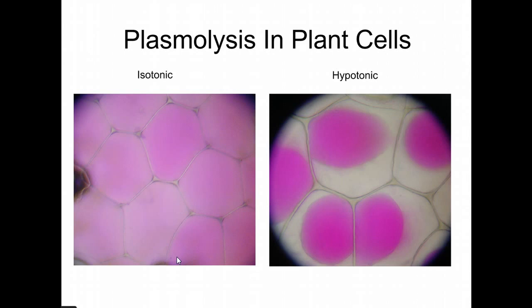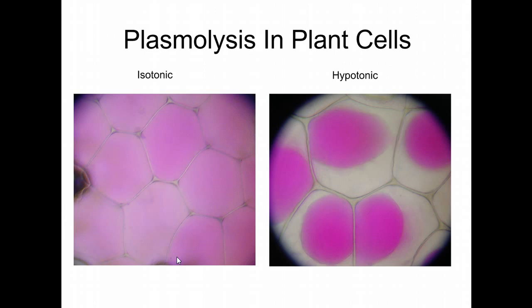Let's talk about a couple other terms that we usually talk about in animal cells more than plant cells. At the left, you've got a thing called isotonic. Okay, the isotonic is when you've got pure water basically surrounding the cells. In this case, these cells are just incredibly engorged with water, and they're pressing against the cell wall.